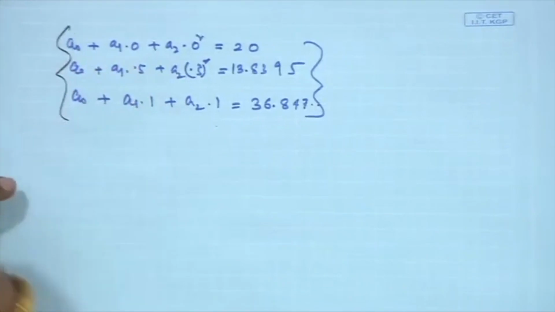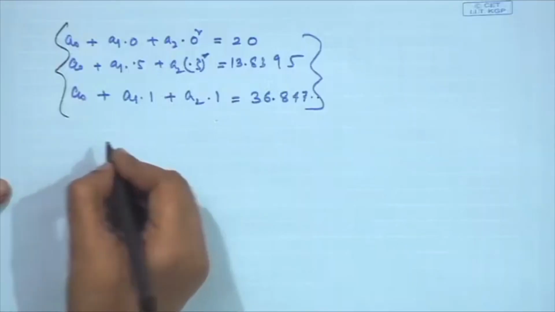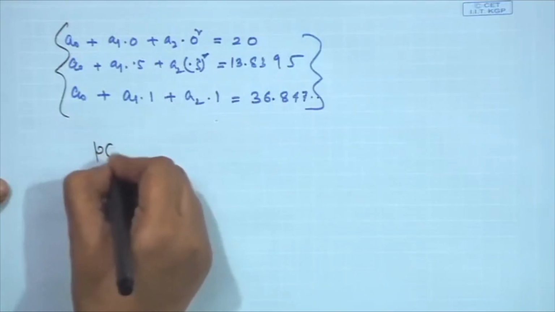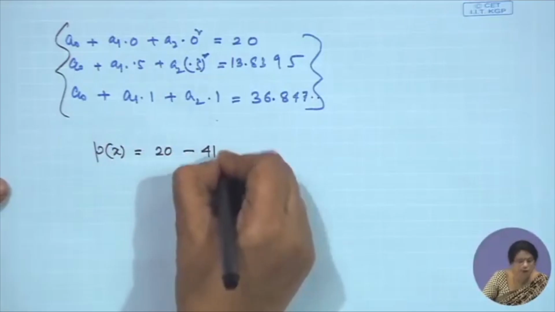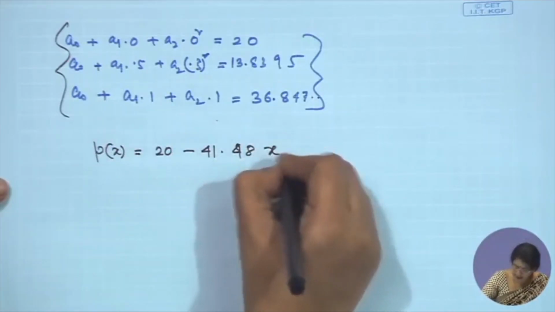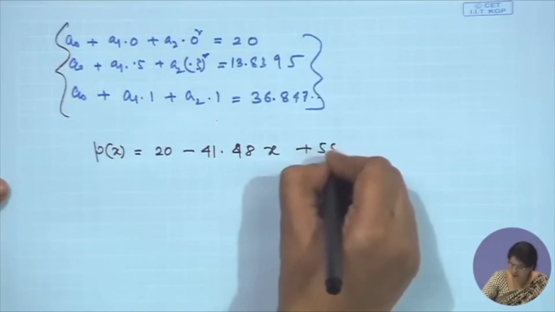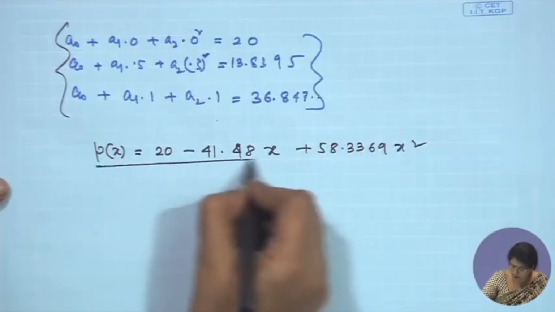Once we have the values for a naught, a1, a2, then p(x) is equal to 20 minus 41.548 or so x plus 58.3369 x square. This is my polynomial.